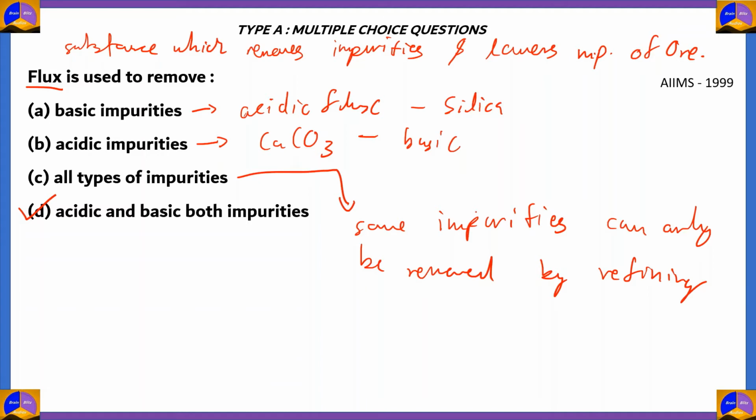Then you have some impurities left which are removed by refining. So flux does not remove all kinds of impurities, but it can remove both acidic and basic impurities. So option D is the right option. If you were to write A or B, then basic impurities means that there are only acidic fluxes, which is incorrect. Acidic impurities means there are only basic fluxes, which is also incorrect. So the right answer is both acidic and basic impurities.